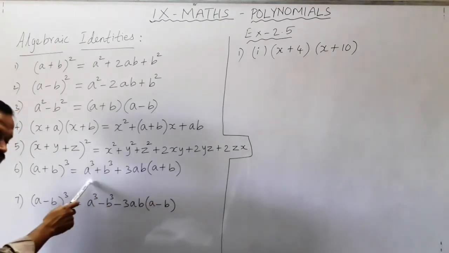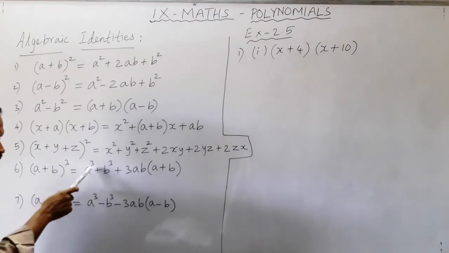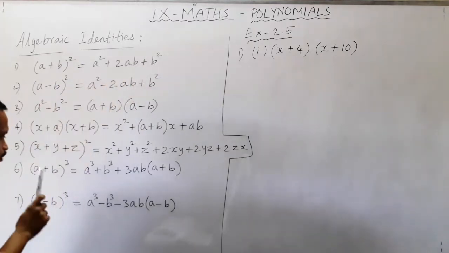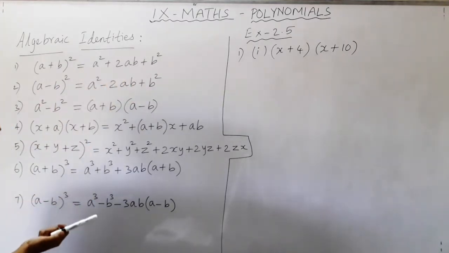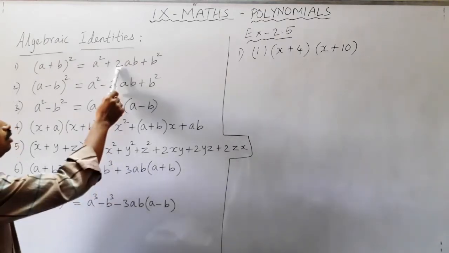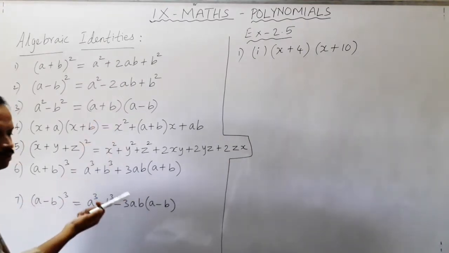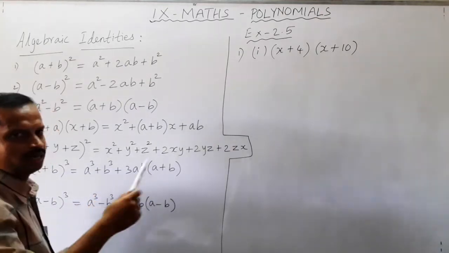Okay, a cube plus b cube, you see what is the power here? 3. So a cube, b cube. What is the power there? Square. So a square, b square comes. But here the power is 3. So here also 3 comes. Clear? So a cube plus b cube plus 3ab. There it was 2ab. I think this is 3ab because the power is 3. So 3ab into (a plus b).